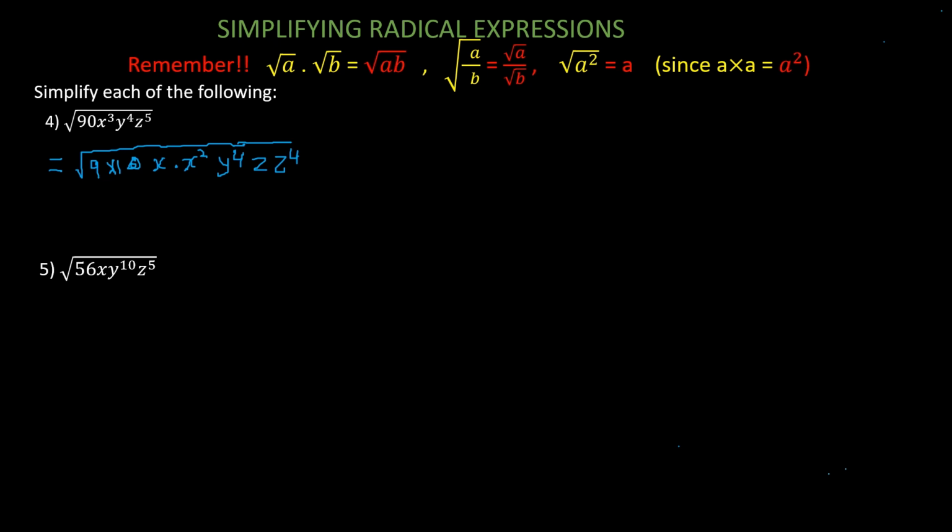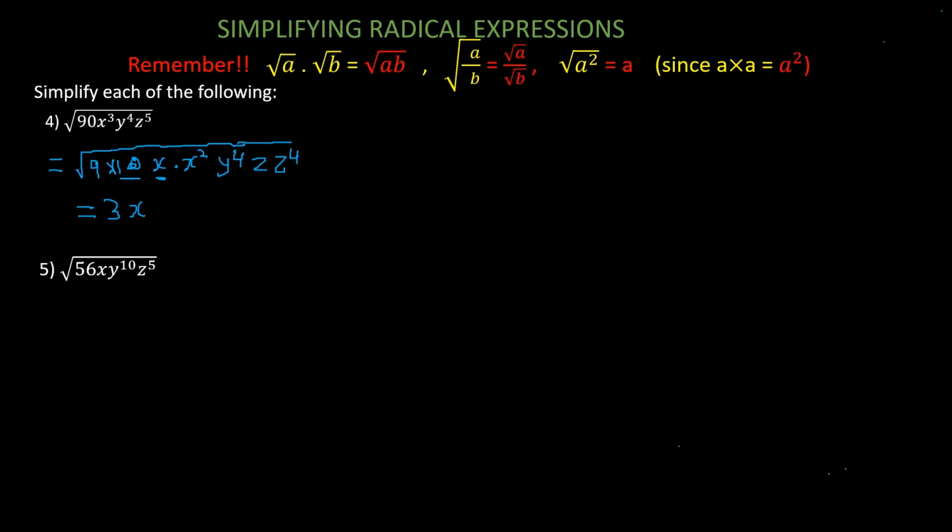So let's start to find the square root. In the first one, 9 times 10. 9 has a square root which is 3, but 10 doesn't have a square root, so leave it inside the square root. So 9 gets outside and 10 will stay. Here, x and x to the power of 2. The exponent 2 is even, so 2 divided by 2 is 1, so it will be x to the power of 1 outside, and x will stay inside the root.